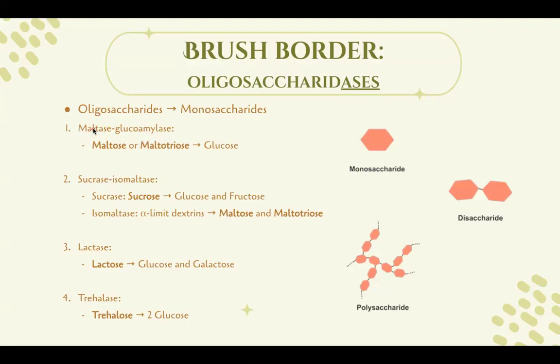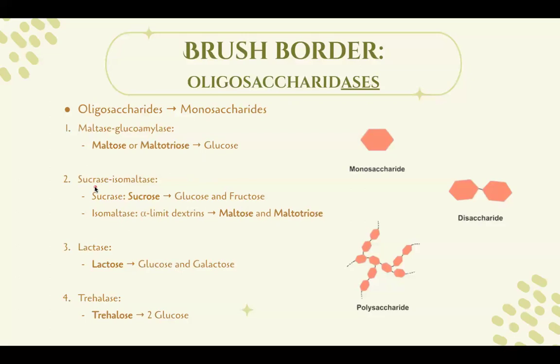So maltase basically means that it breaks down maltose, right? So we know that we have maltose and maltotriose, which are oligosaccharides. Where did we get them? From breaking down amylose and amylopectin, okay? So when we break down these by maltase glucoamylase, we get glucose. Glucose is a monosaccharide. So we reached our goal, okay?